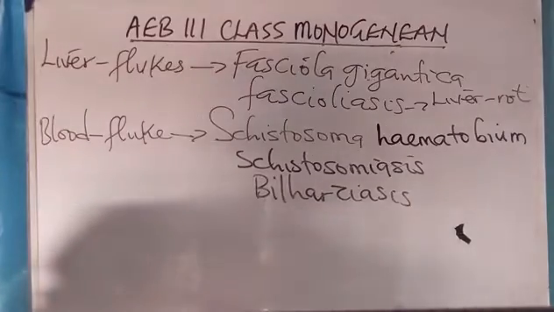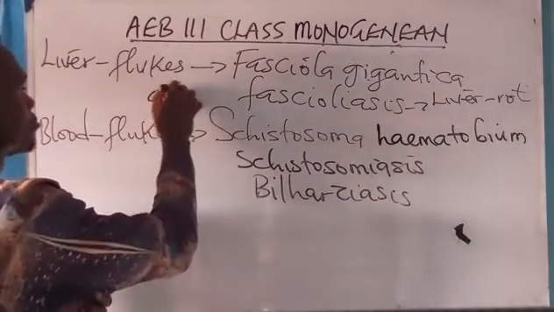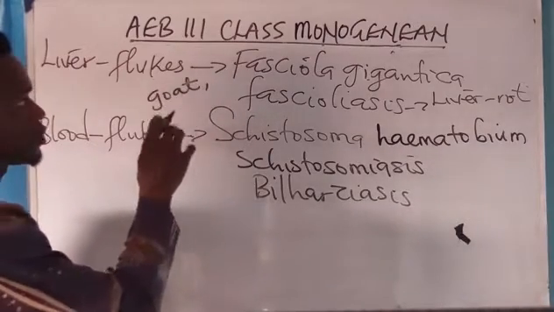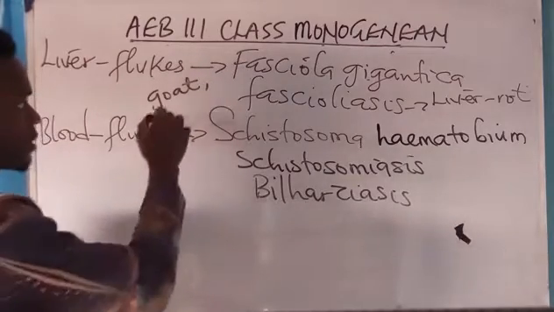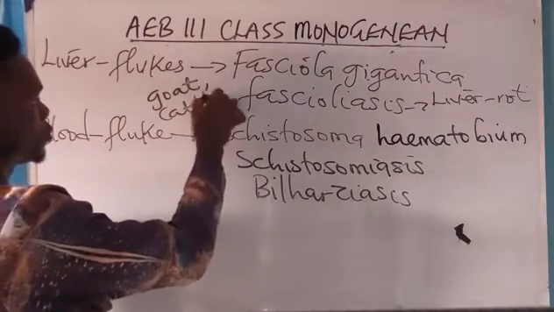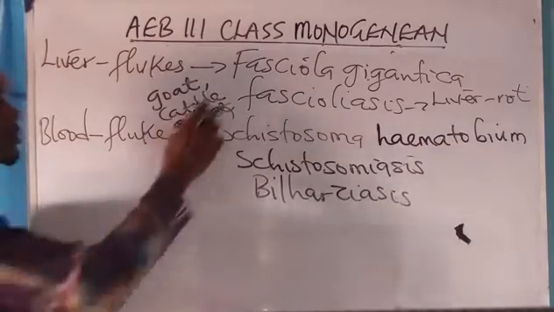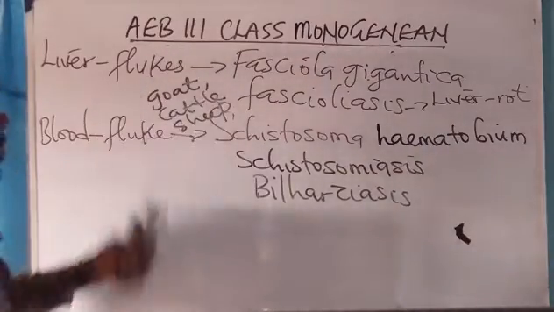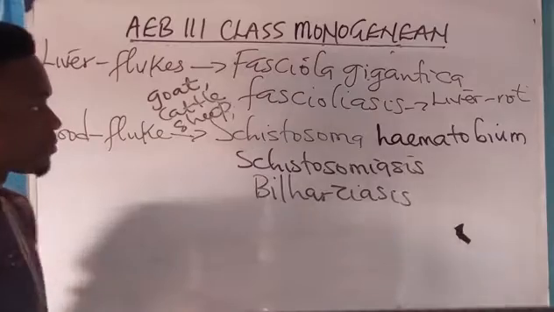It is very important. And I said these organisms are found in goats. Primary host is what? Snail. Then secondary host, you have goats, you have cattle, you have sheep, and you have giant what? Ruminants. All of these are secondary hosts, but the primary host, you have it with what? Snail.